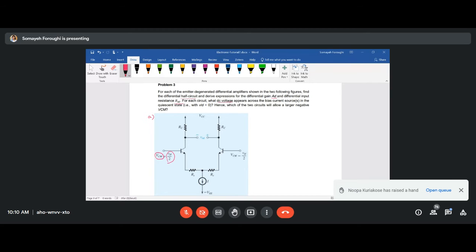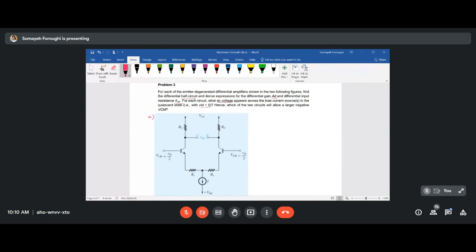What is that VCM appearing on the bias current sources in the quiescent state when the VID equals 0? Hence, which of the two circuits will allow a larger VCM? Now, first job is to do the half circuit, then finding the AD, RID, and then finding VCM in each of these part A and part B.